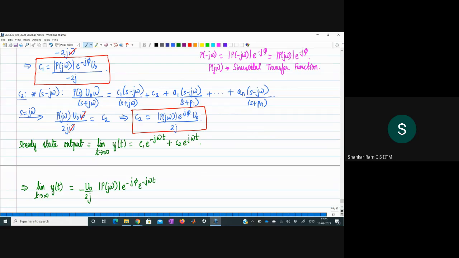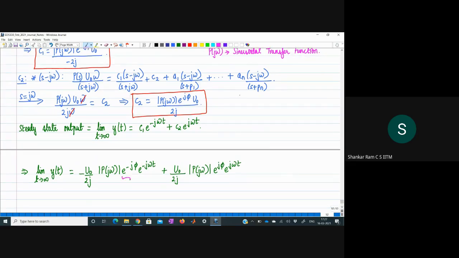Then for C2, I will have plus u naught divided by 2j, magnitude of P of j omega e power j phi e power j omega t. I hope it's clear. I just substituted, that's it. I have not done anything more.